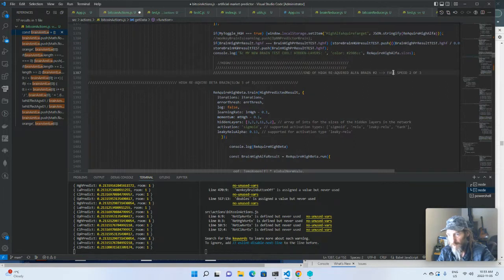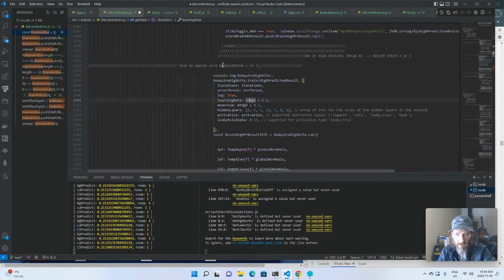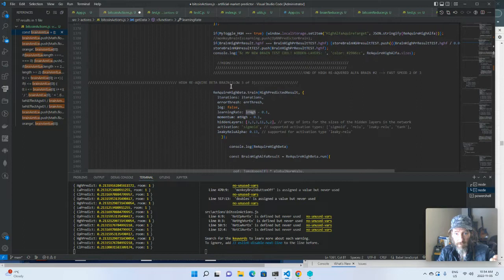And how I run the fast is all about the learning rate that I'm looking for, which is introduced in this little tiny handle. Because this one is the alpha, I call it alpha medium brain, and medium and beta is slow.